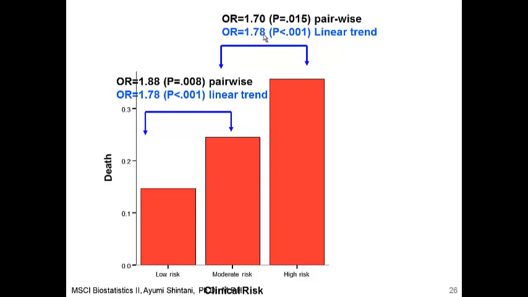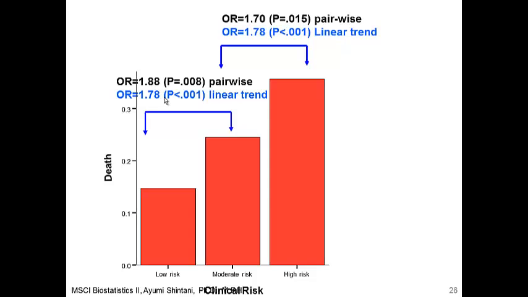When you actually conducted pairwise comparisons, the odds ratio from low to moderate was 1.88, and moderate to high was 1.7. The linear trend test actually averages these two odds ratios, so the average becomes 1.78.